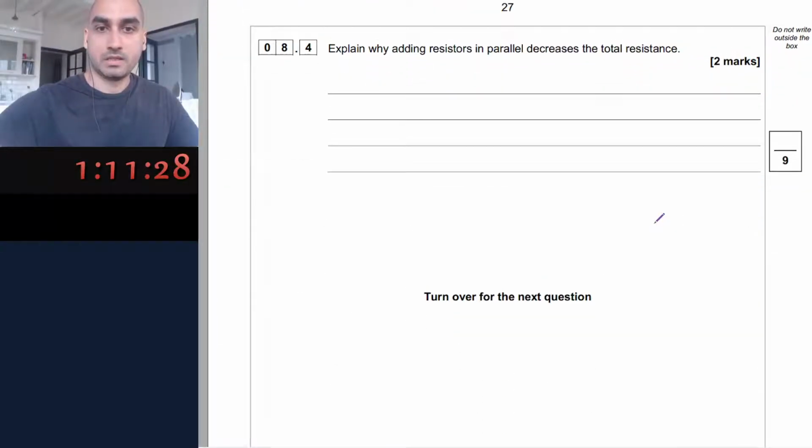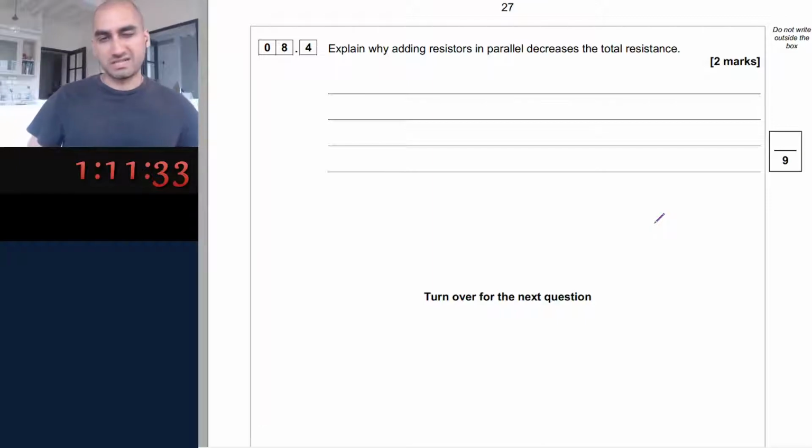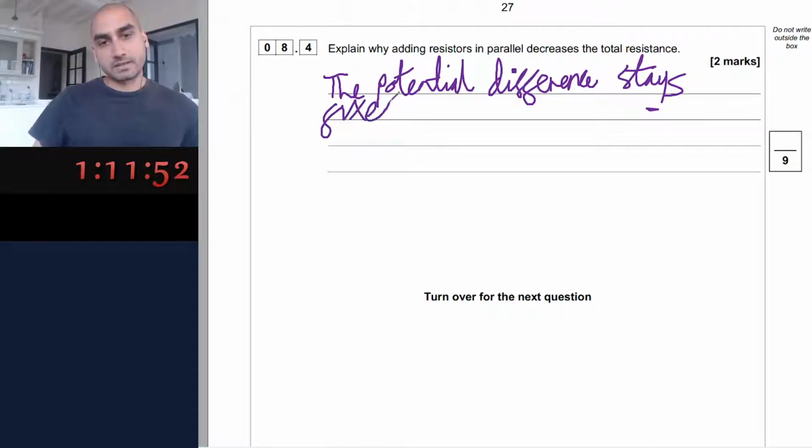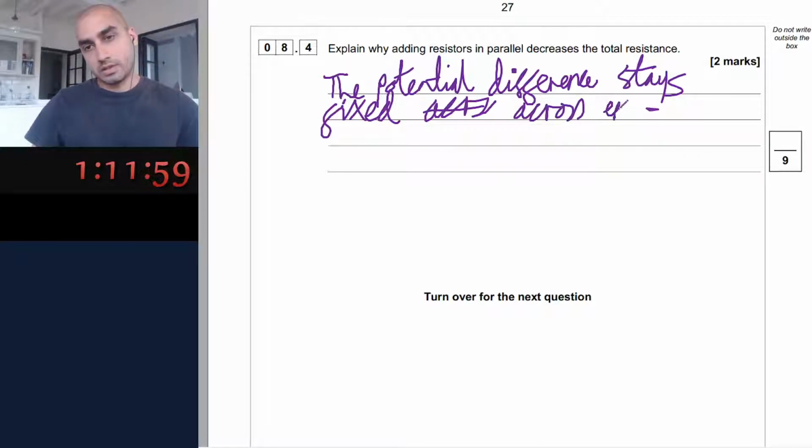Explain why adding resistors in parallel decreases the total resistance. Because the potential difference stays fixed across each.